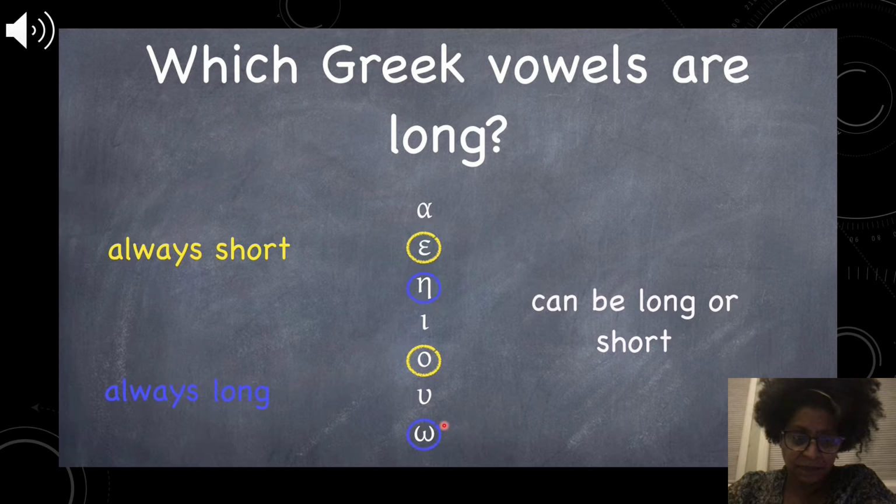So that just leaves alpha, iota, and upsilon as ambiguous, since they can be long or short. But as we'll see, this is not going to be too much of a problem when we're dealing with the accents on verbs.